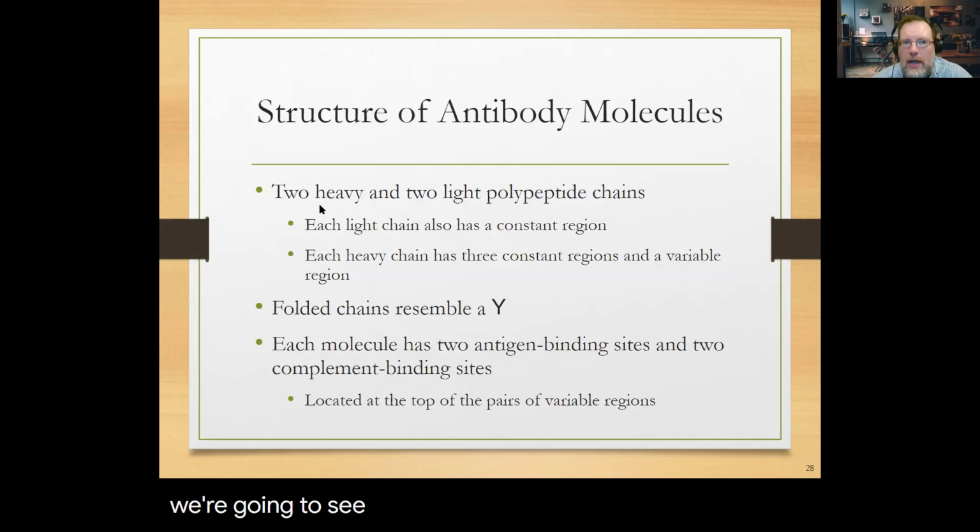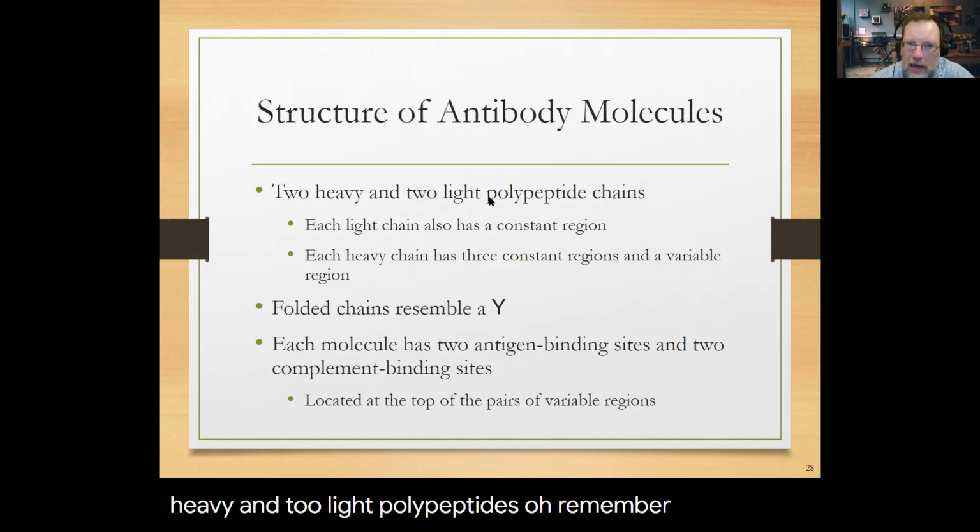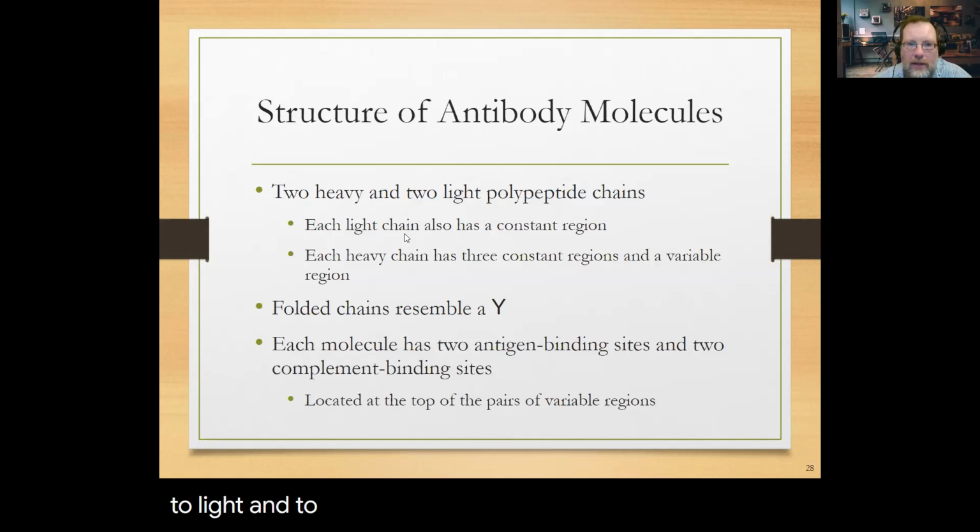We're going to see all antibodies have 2 heavy and 2 light polypeptide chains. Remember, poly means many, peptide deals with amino acids or proteins. So this is a long chain of amino acids, a long chain protein. It's going to have 2 light and 2 heavy. The light chains have what we call a constant region.